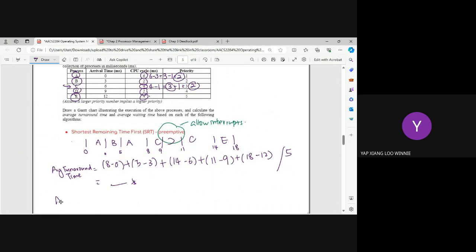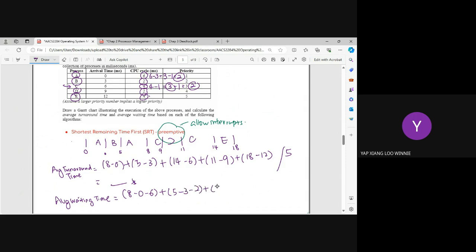Now for the average waiting time, it's the same as well. As long as you get the right finish time, I don't think you will have any issue with the arrival time or the CPU cycle. Now, A ends at 8 milliseconds, so 8 minus the arrival time of 0 and minus the CPU cycle of 6. Followed by B, ends at 5, arrives at 3, CPU cycle of 2.